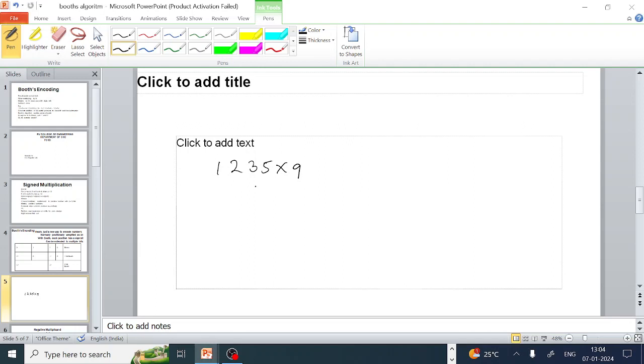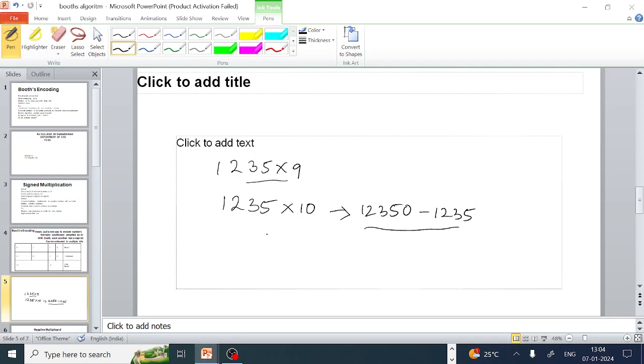So instead, what is the trick? You just multiply this number by 10, so you will be getting 12350, and subtract it once. Correct? So you will be getting the product 1235 into 9.